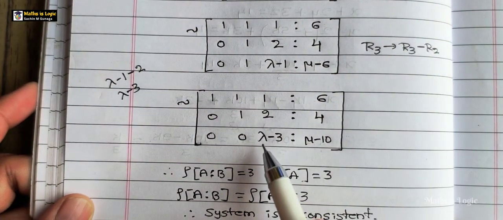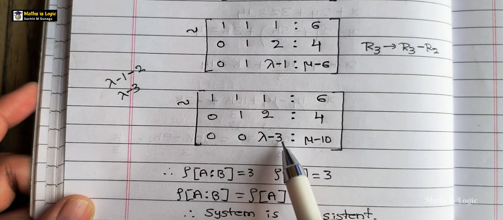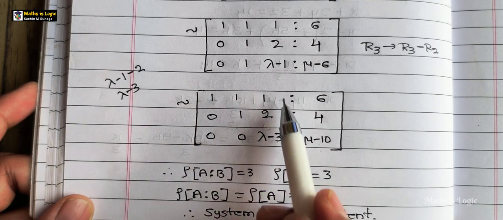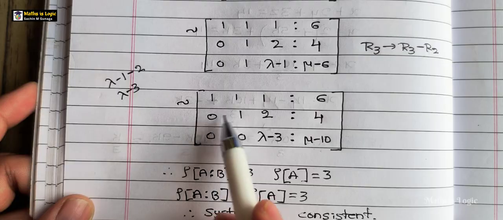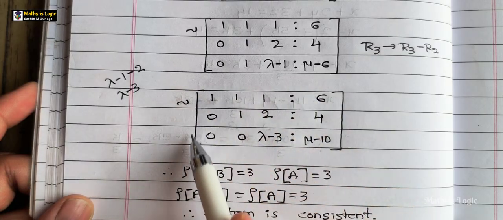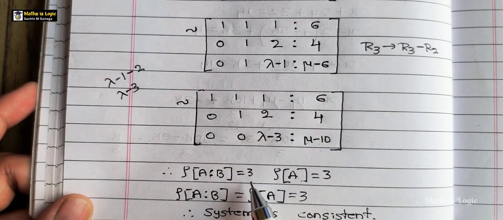See, lambda is equal to 3. Here if I take in this place 3 minus 3, how much is it? 0. So that time rank of the coefficient matrix goes to 2, and rank of the augmented matrix is how much here? 3.